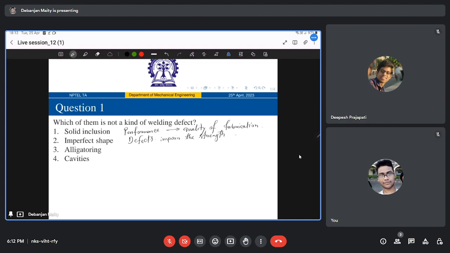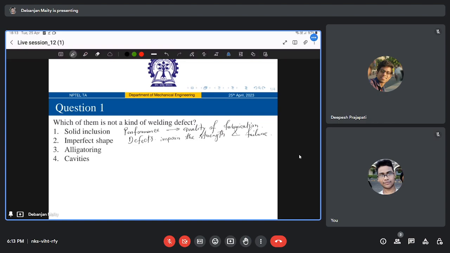Failure will happen if there is a presence of defects. Now, what are the principal causes of this failure, the reasons for not following the requirements of welding specifications?